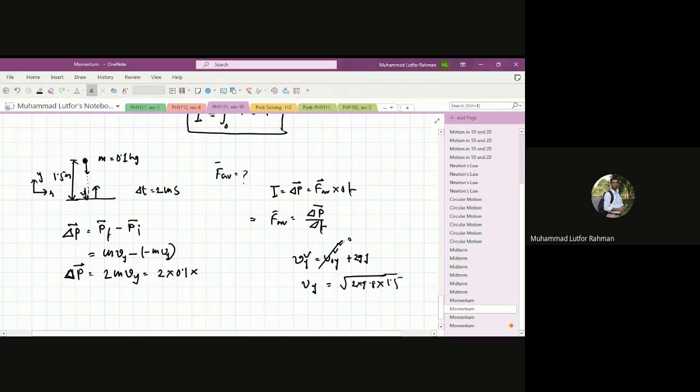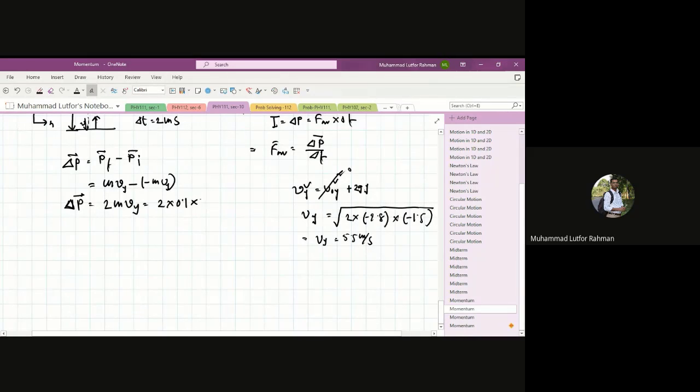I may neglect the minus sign here, because g is negative and y is also negative, so the minus becomes a plus. I'll write the minus sign too so you don't get confused: 2 into minus 9.8 into minus 1.5. Then I find vy would be 5.5 meters per second.